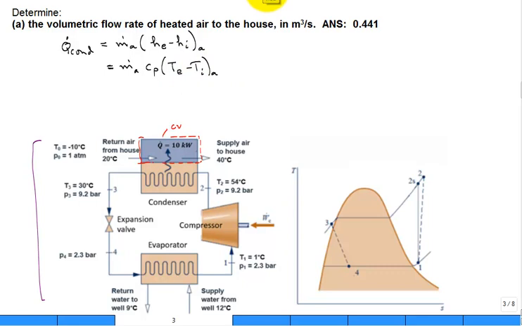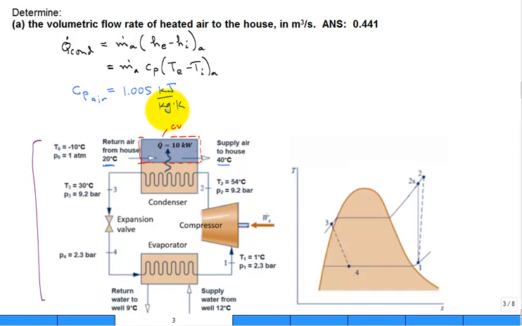And so we can look up the specific heat for air at around, let's say, 30 degrees C. You can try to get it more accurately, but it's going to be real close to 1.005 kilojoules per kilogram Kelvin.